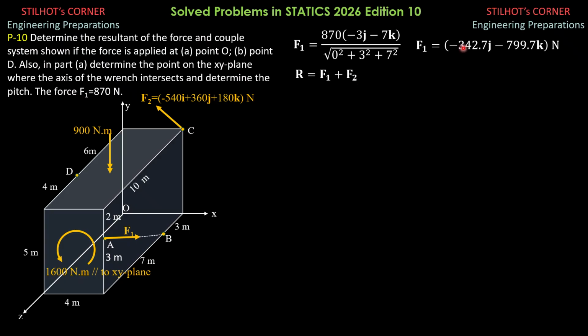For i, it is negative 540, there's only one component, the x component. Then for j, negative 342.7 plus 360. Then for k, negative 799.7 plus 180. Simplifying, that would be negative 540i plus 17.30j minus 619.7k newtons in vector form.